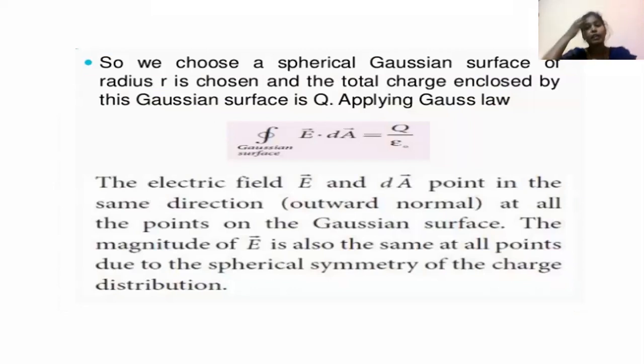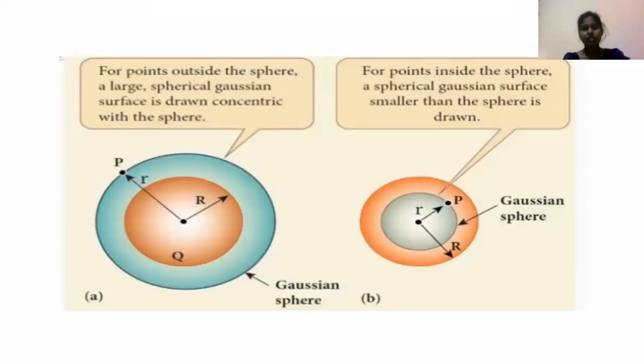So we choose a spherical Gaussian surface of radius r, and the total charge enclosed by the Gaussian surface is Q. Applying Gauss's law, the integral of E dot dA is equal to Q by epsilon naught. The electric field E and dA point in the same direction, the outward normal, at all points on the Gaussian surface. The magnitude of E is also the same at all points due to the spherical symmetry of the charge distribution.